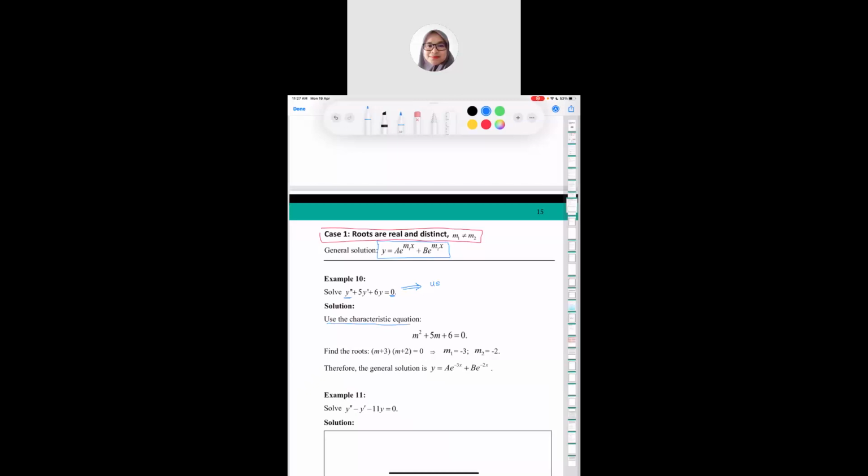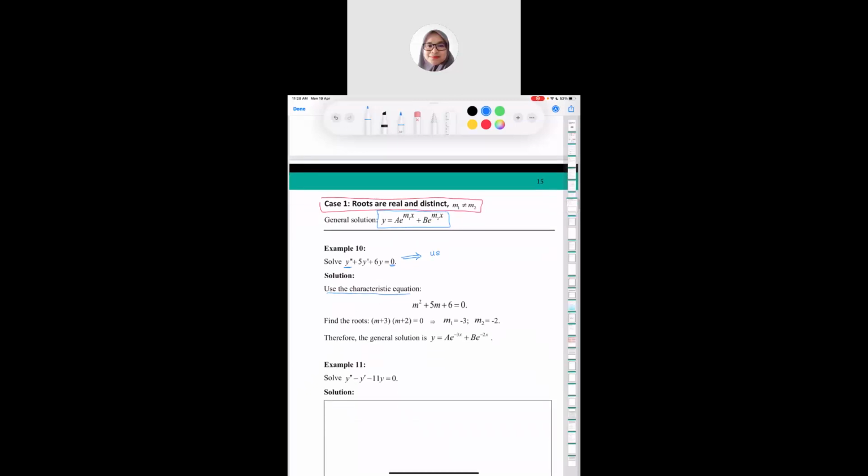Okay, use the characteristic equation. So our characteristic equation a m squared plus b m plus c equal to 0. Kita masukkan apa kita punya a, b, c. Kita akan ada m squared plus 5m plus 6 equal to 0. So you can solve manually here.